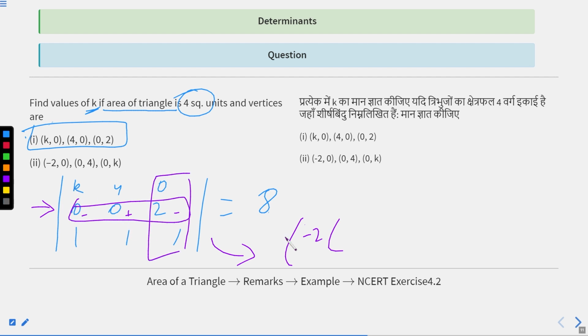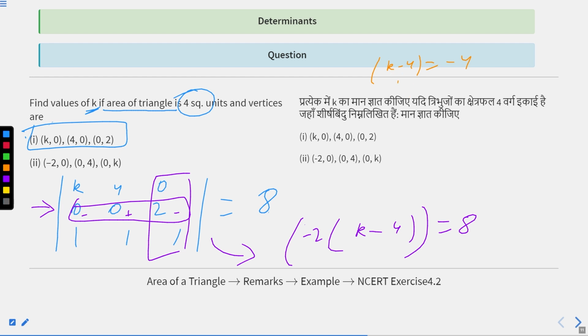This means k minus 4. Just solve it, and this is equal to 8. So minus 2 times (k minus 4) equals 8, and this will be minus 4.